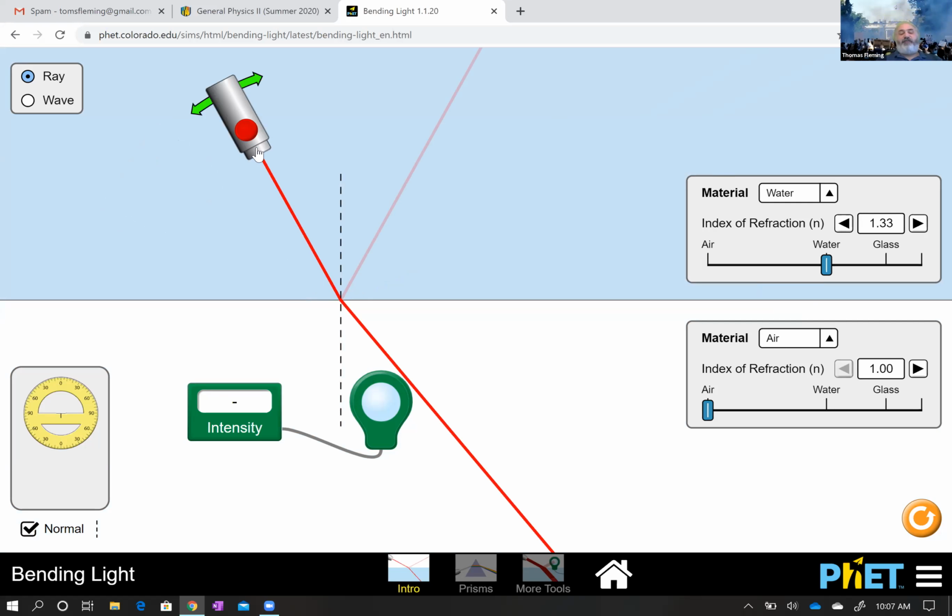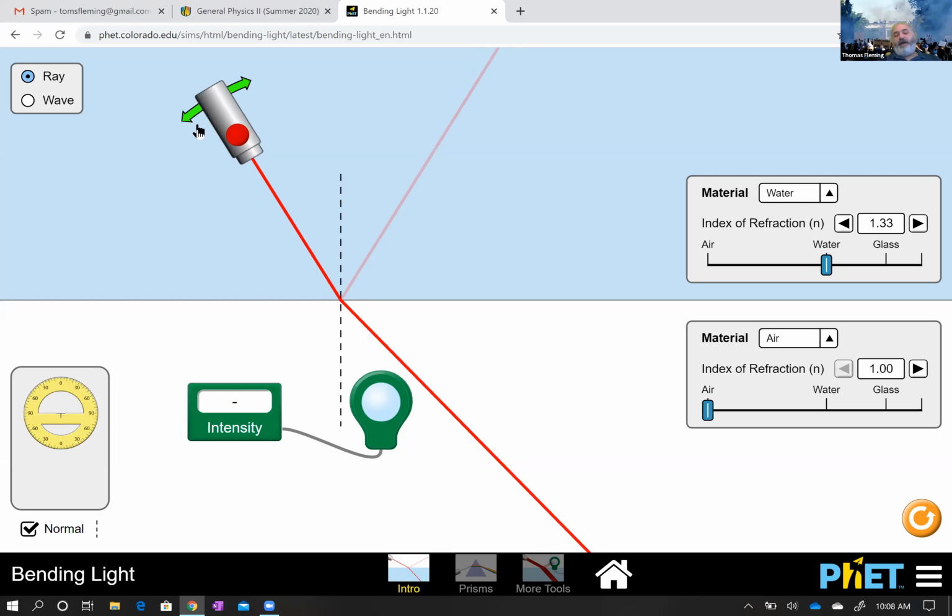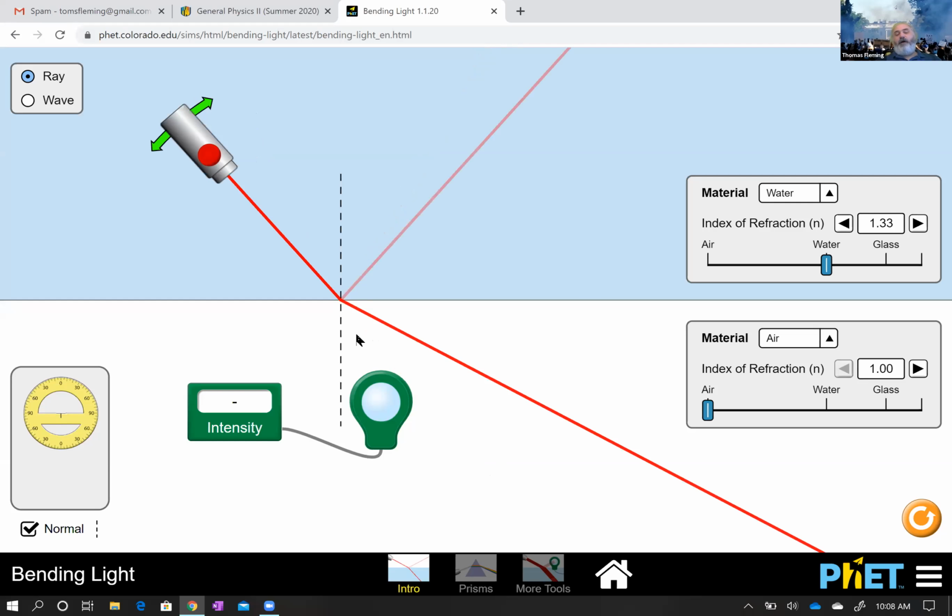Well, you can kind of see it if you watch where it kicks in. Because look, I'm making my angle of incidence get larger and larger. And the angle of refraction is also getting larger and larger. But notice the angle of refraction is always bigger than my angle of incidence because I'm going from slow into fast moving media.